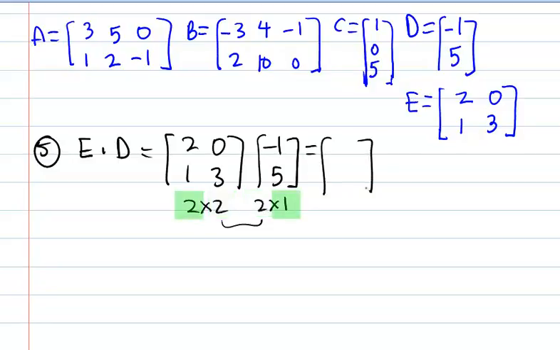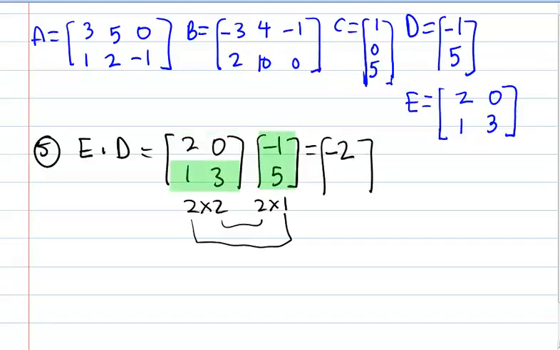And the product is going to be a 2 by 1. So in the top position, go across the first row down the column. 2 times -1 plus 0, that's -2. In the second row, I have 1 times -1 plus 3 times 5, that's 15 minus 1, 14.